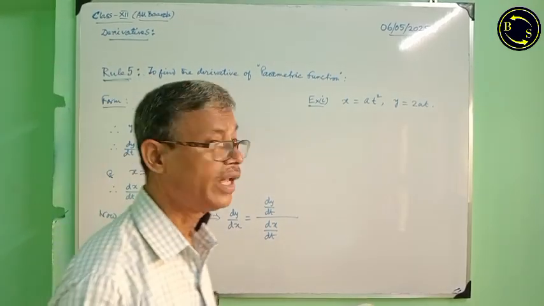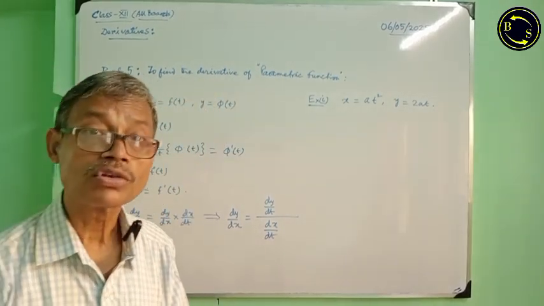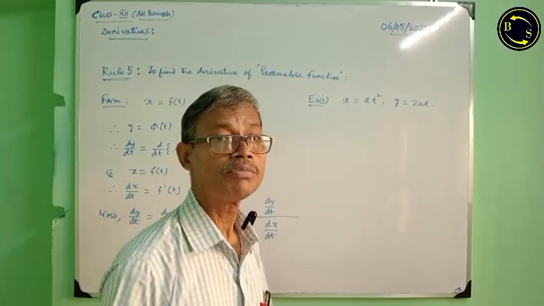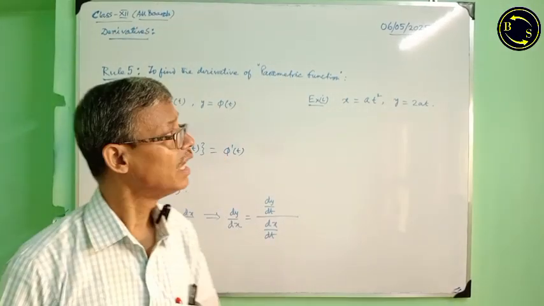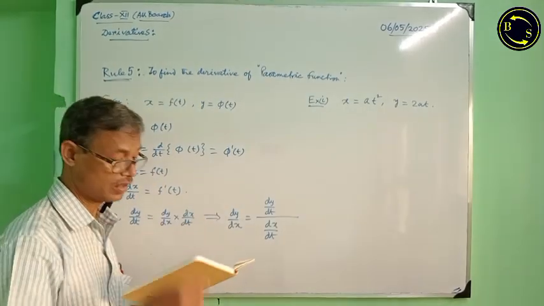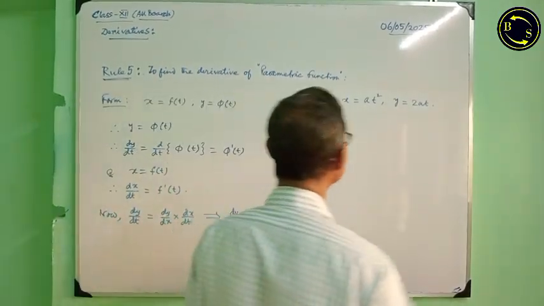First, you note that x, y are not directly related. x is given in terms of t, y is also given in terms of t. Then we have to use this concept. For that we follow these steps.